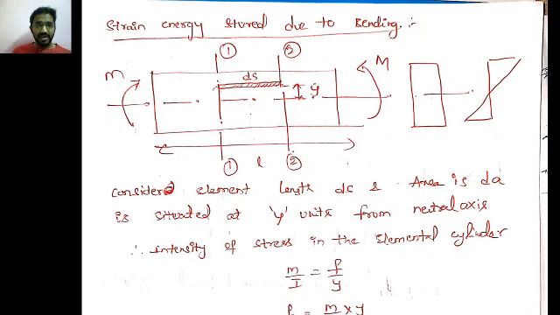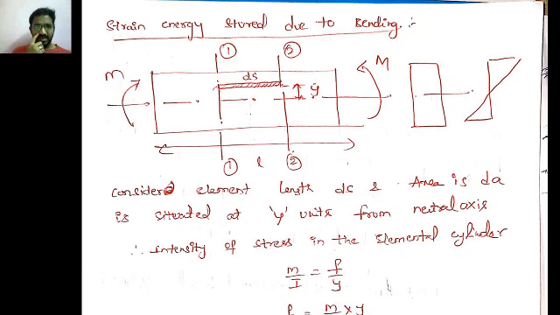It is situated at a distance y from the neutral axis. This is the axis line, and another name for it is the neutral axis.